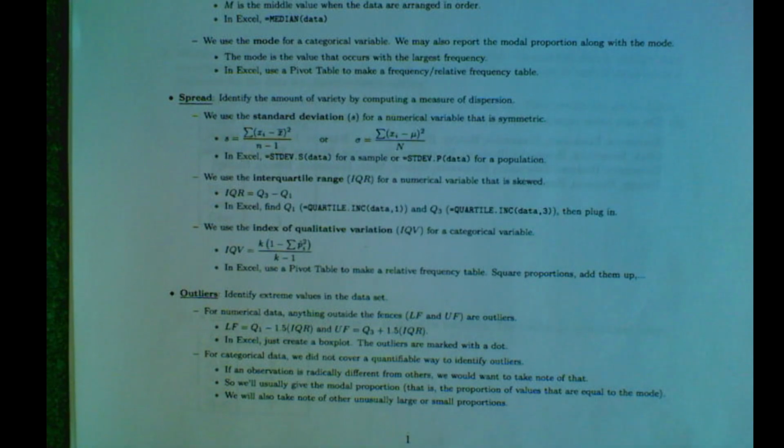And then the other thing is that when we're dealing with categorical data, in addition to talking about the mode and the IQV, we might also want to look at various proportions, right? We'll take note of unusually large or small proportions within our data set. So I'll give you examples of what I mean by each of these.